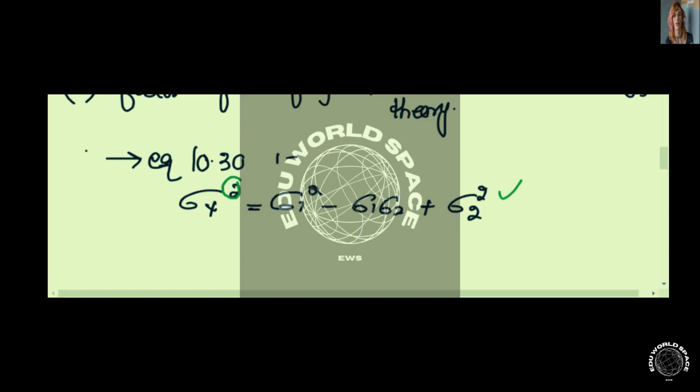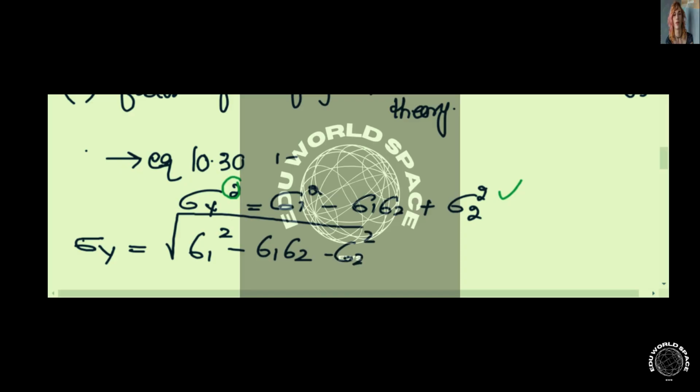So when we take the under root, we get sigma sub y is equal to the square root of sigma sub 1 squared negative sigma sub 1 sigma sub 2 plus sigma sub 2 squared.